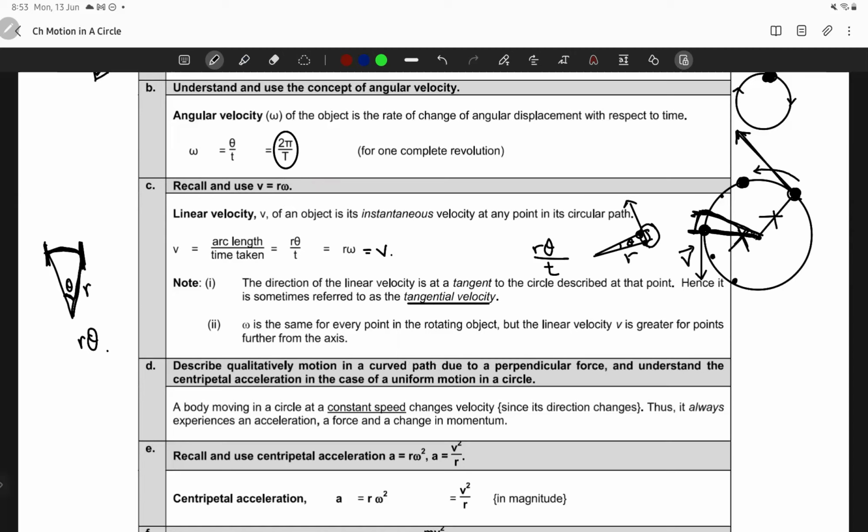But what if I consider the linear velocity? Linear velocity is clearly different if I have points that are away from this axis. For example, the length of the string gets larger. What happens then?